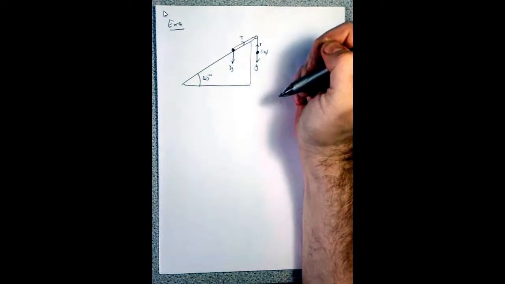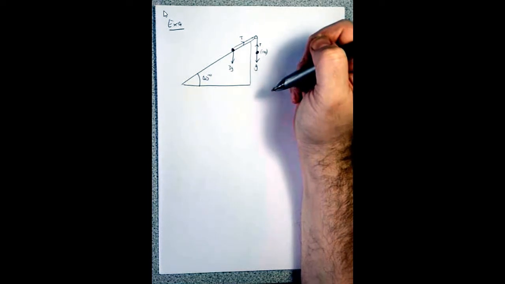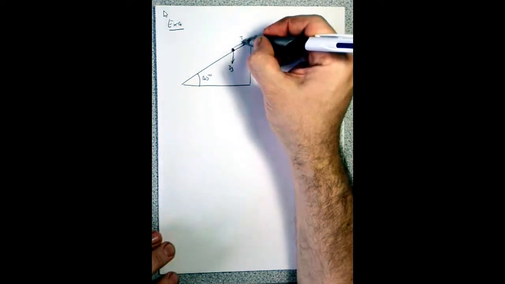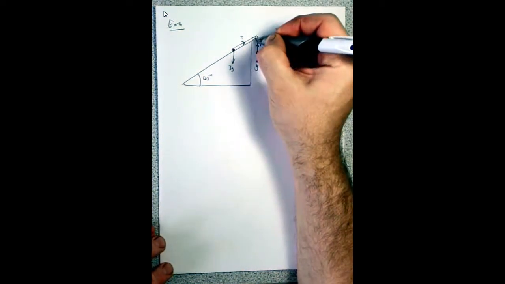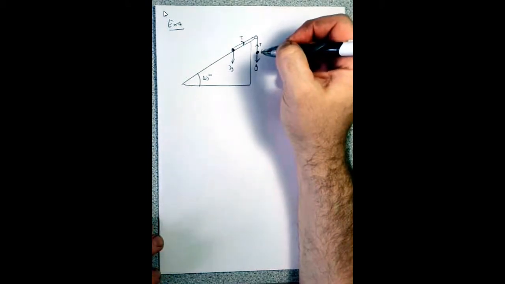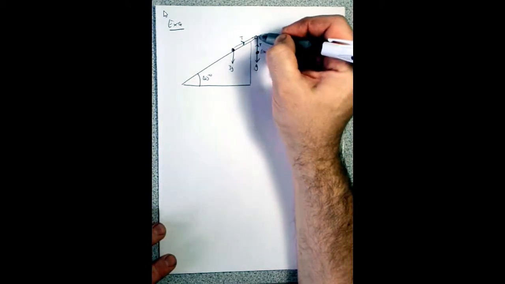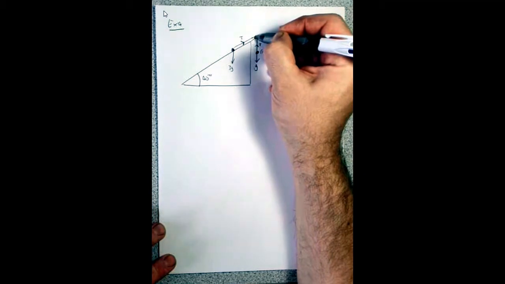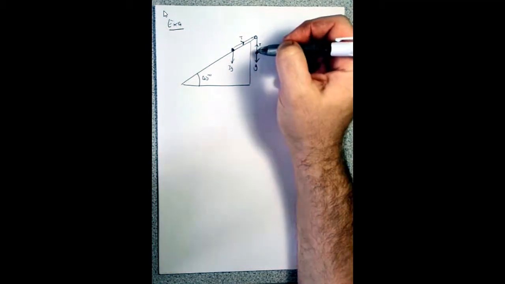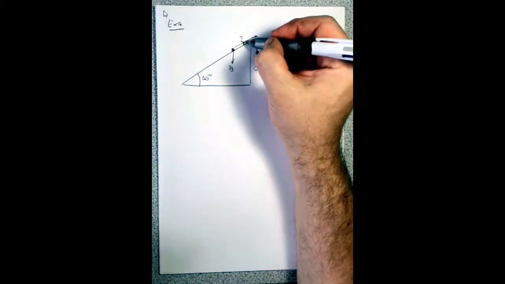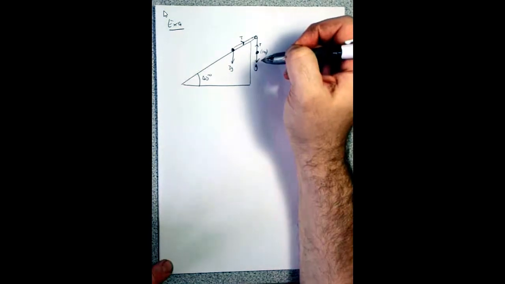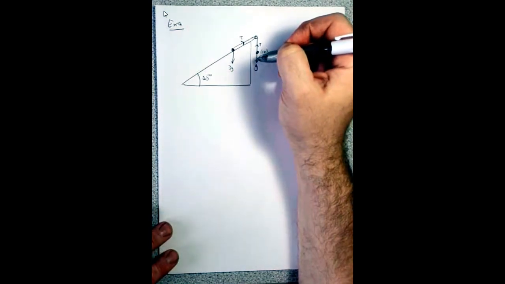If you think back to what we did in year 1 about connected particles, or even go back and look at your notes, we talked about opposing pairs of tensions. Now I can assume that the tensions are the same, and that's because the pulley is smooth, and pulleys in this module are always smooth, so pairs of tensions will always be equal.